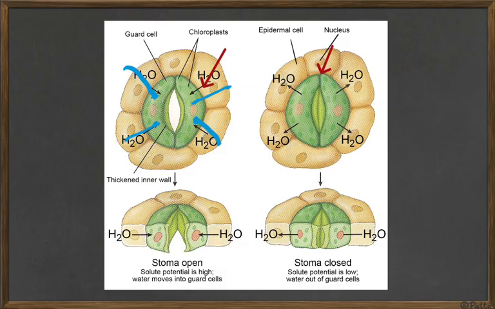If the plant doesn't have much water, the water leaves the stoma cells, the stoma gets flaccid, and the natural position when it's flaccid is to be closed.